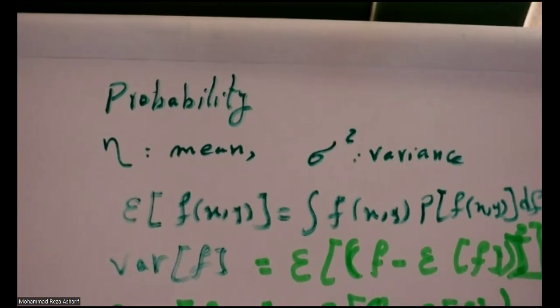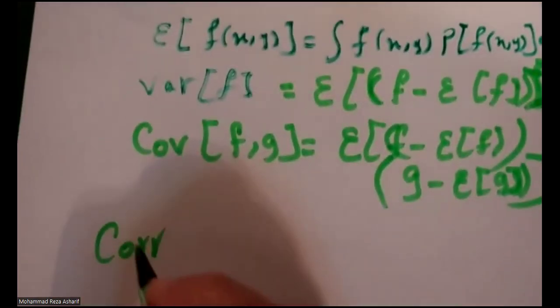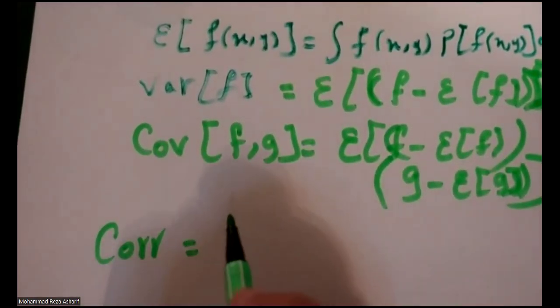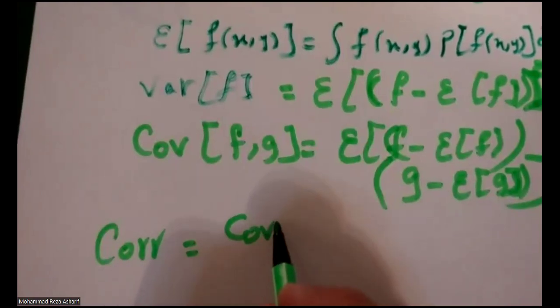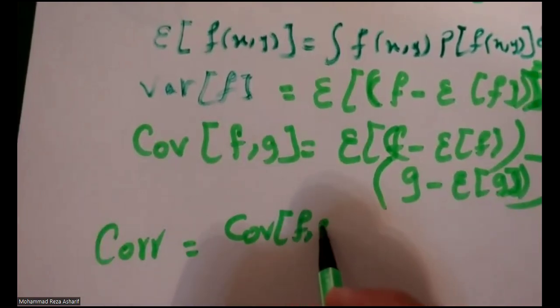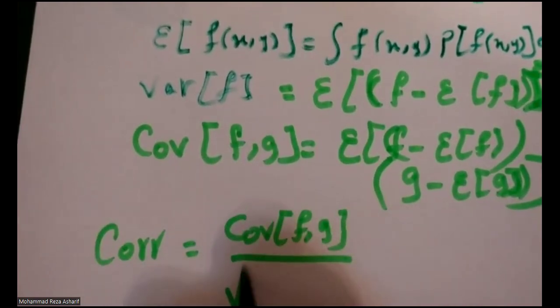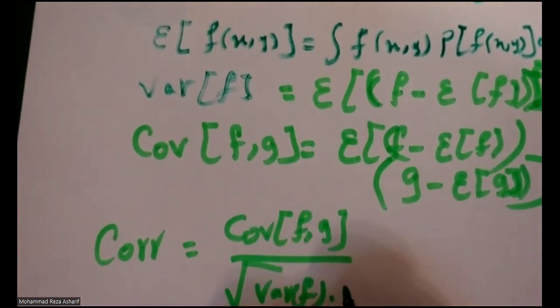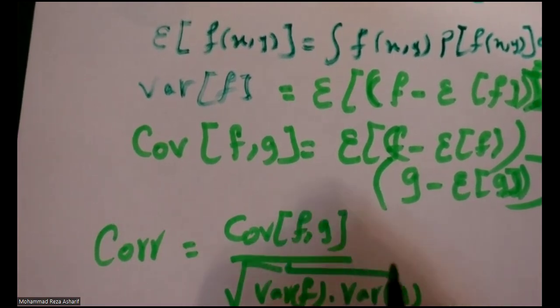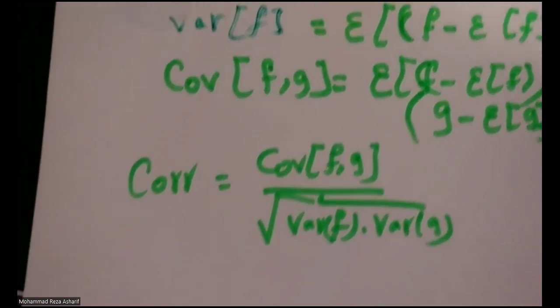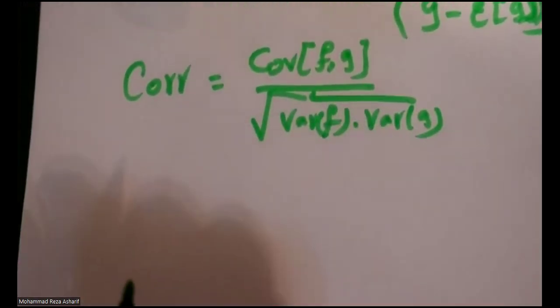And correlation is the covariance of f and g divided by variance of f multiplied by variance of g. I jump here for some other, because we have shortage of time.